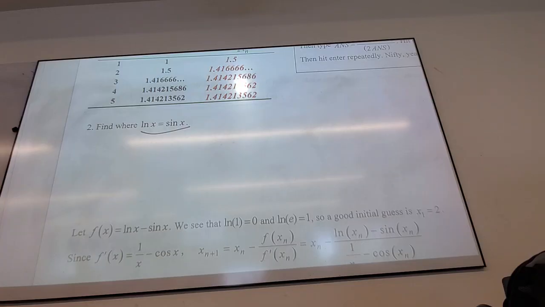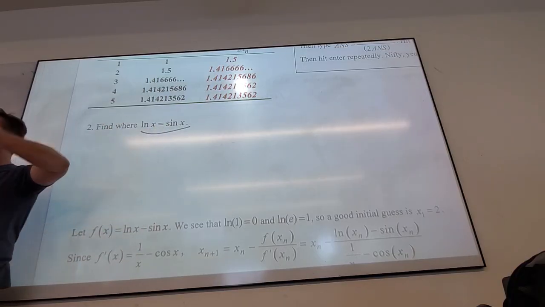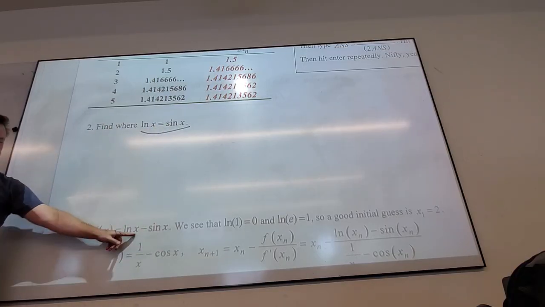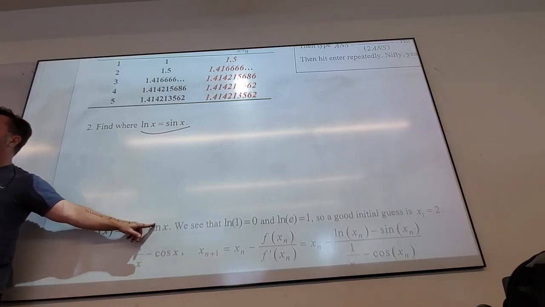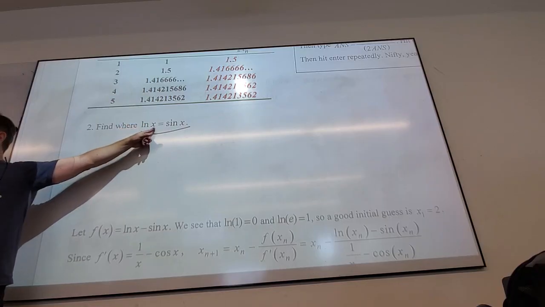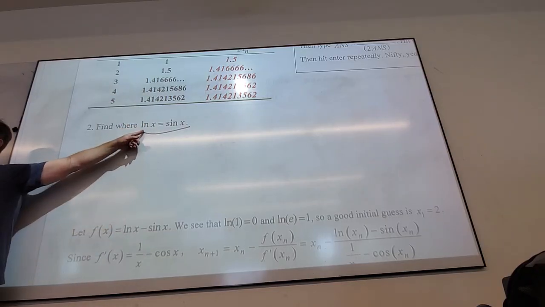And the x-intercept means take a function, set it equal to 0. That's how I figure out what the function is. I just subtract sides so that I have a function that's equal to 0. That's the function I'm going to feed to Newton's method. If this function equals 0, is this true? If this function equals 0, is that true?